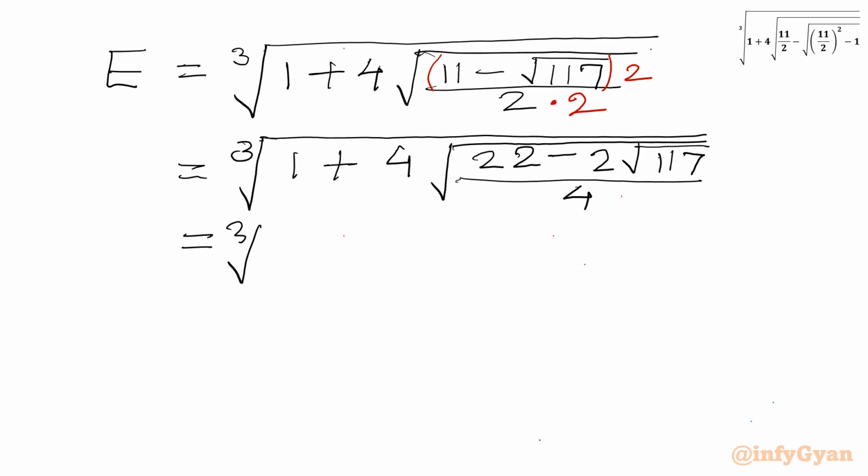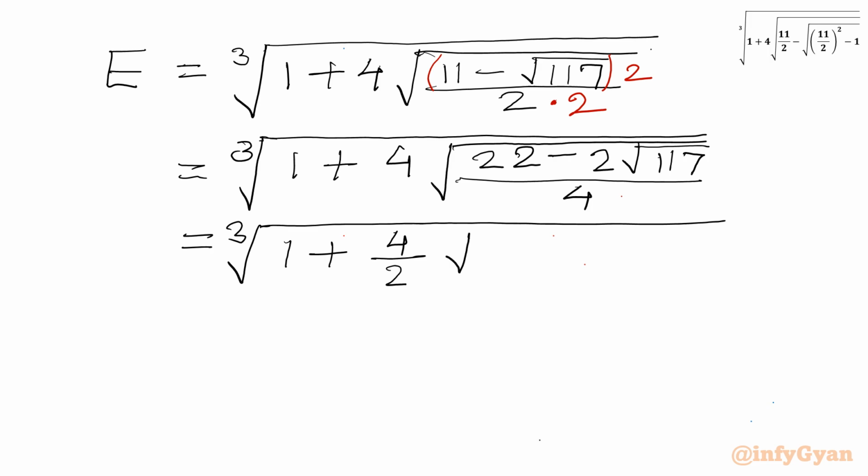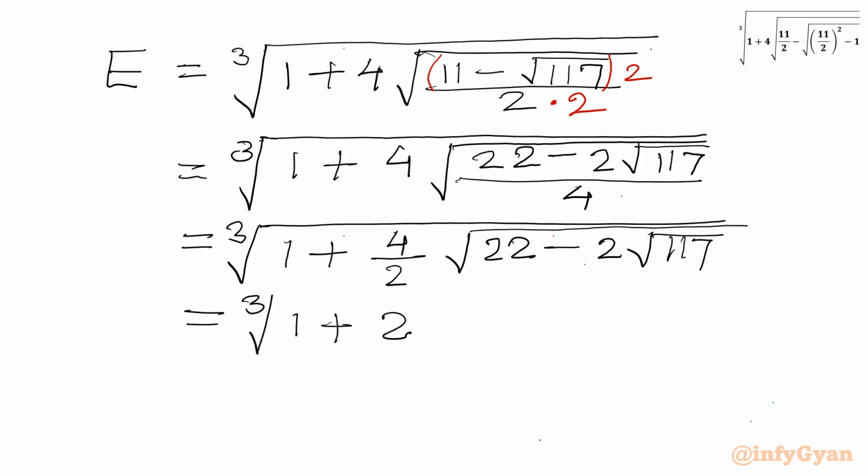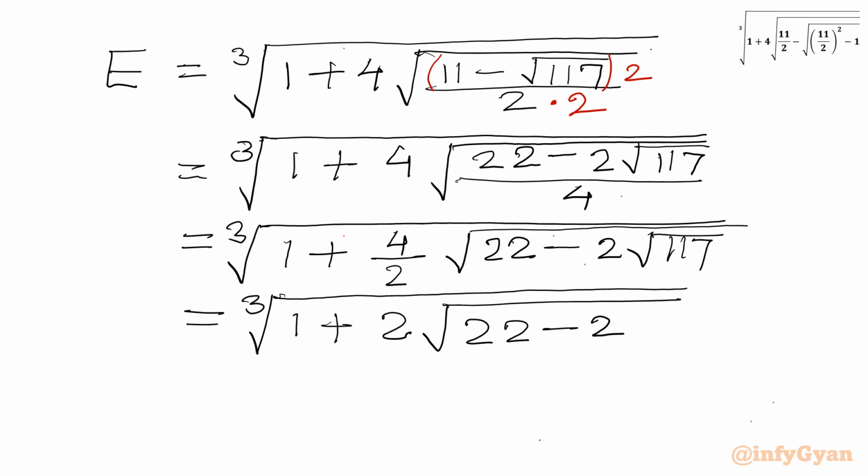Further I can write cube root of 1 plus 4 over 2 square root of 22 minus 2 times square root of 117. Further I can write cube root of 1 plus 2 times square root of 22 minus 2 times square root of 9 times 13.